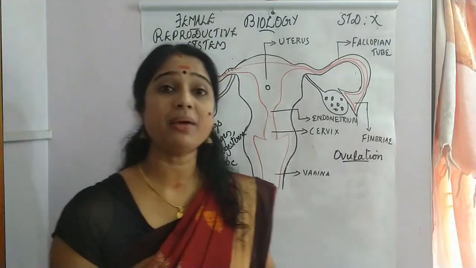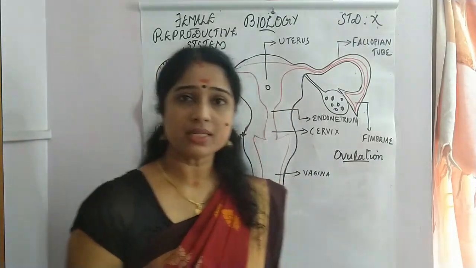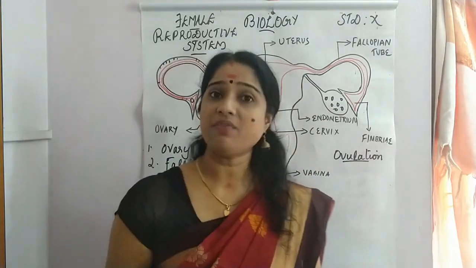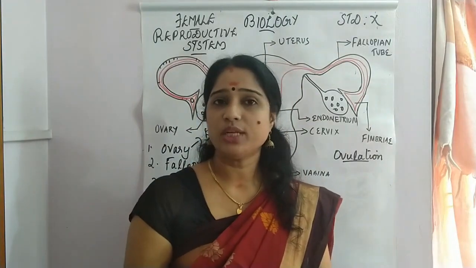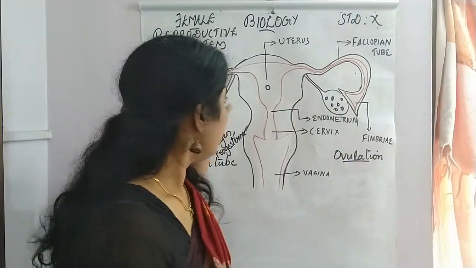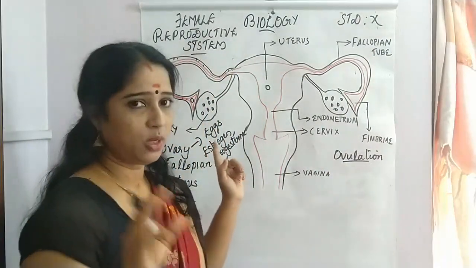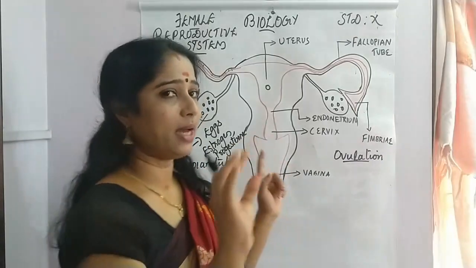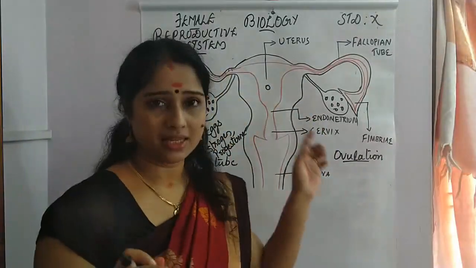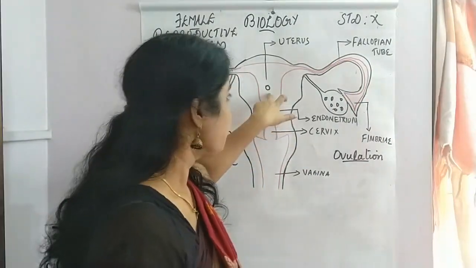Every month the uterus prepares to receive the embryo, with its lining richly supplied with blood vessels, and it waits for the embryo. You know what happens? It takes 8 to 10 days for the egg to reach the uterus, because the egg is moving very slowly, pushed by the hairs.